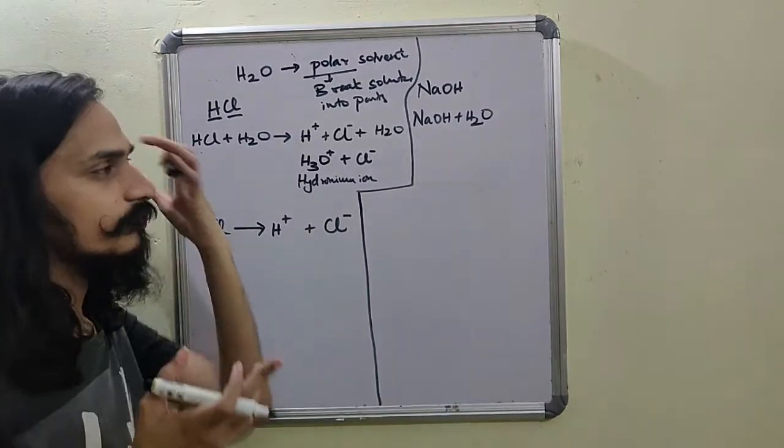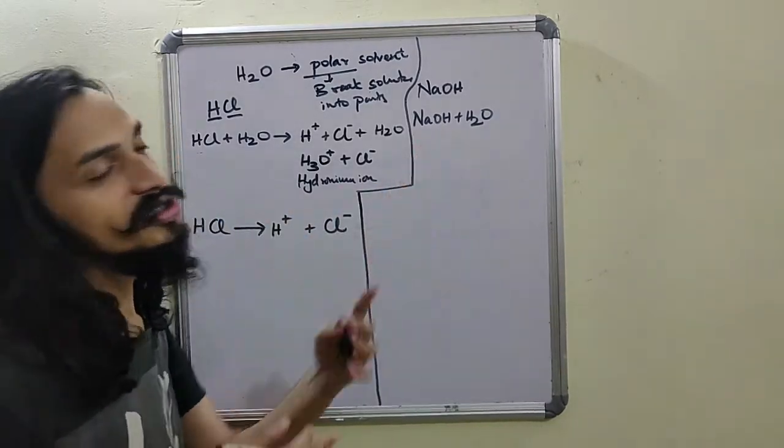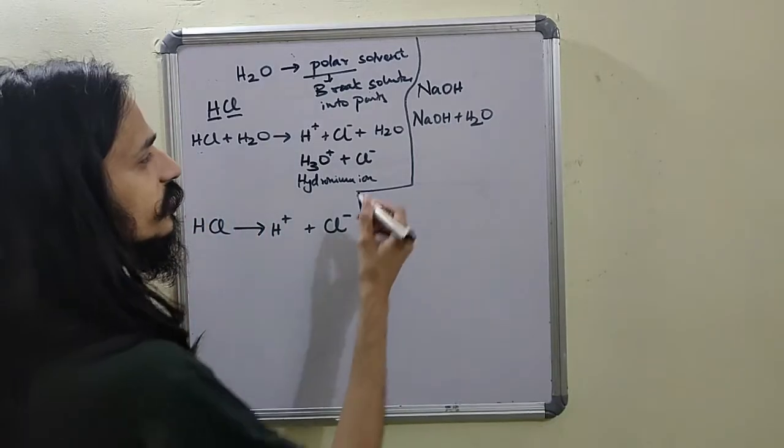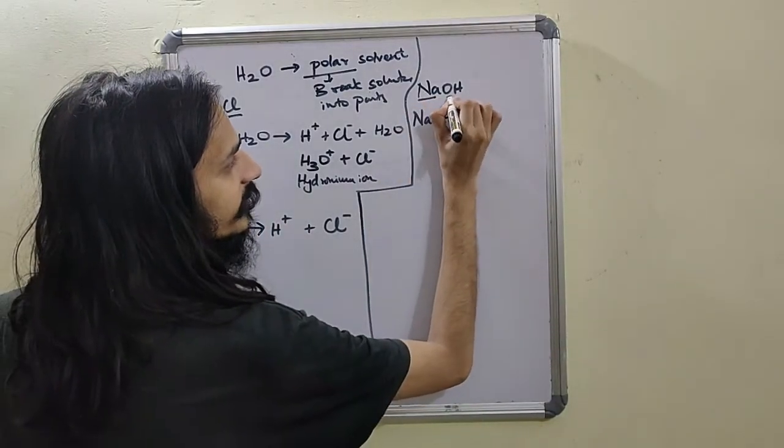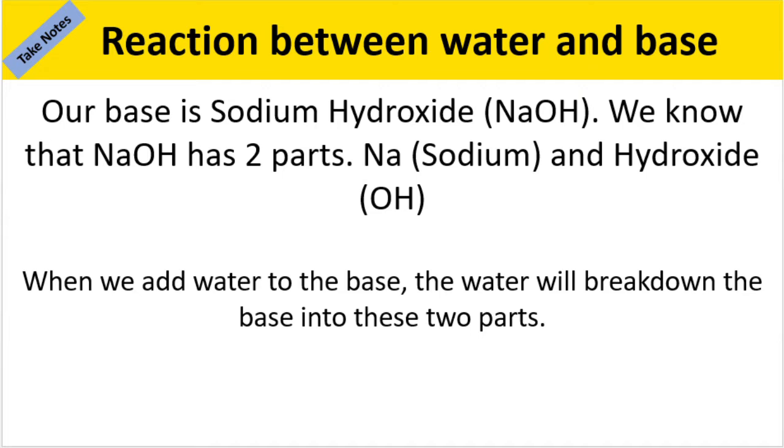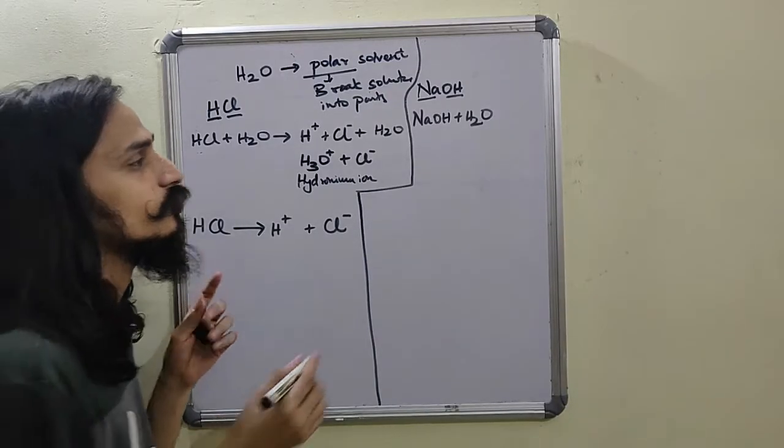We look at the same part. How did I get NaOH? With crisscross. Which two parts are there in NaOH? There's Na and there's OH. So I'll simply split them apart into those two.